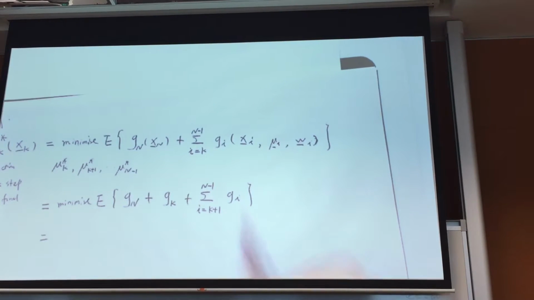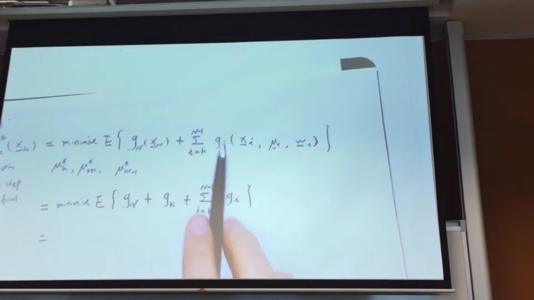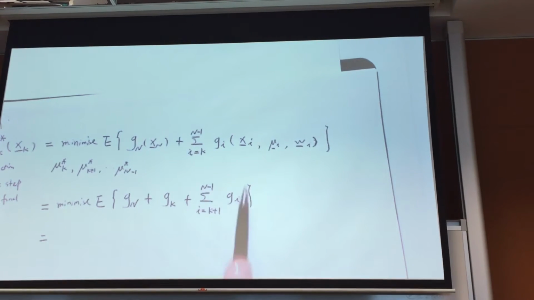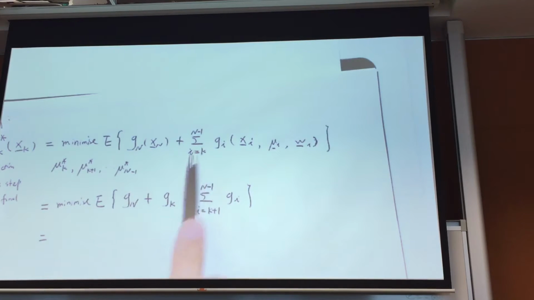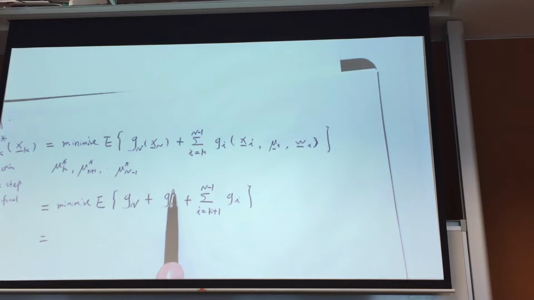So in this equation, I just divide the summation in two parts and take out the first term of g_k.